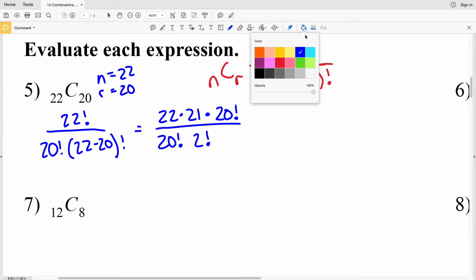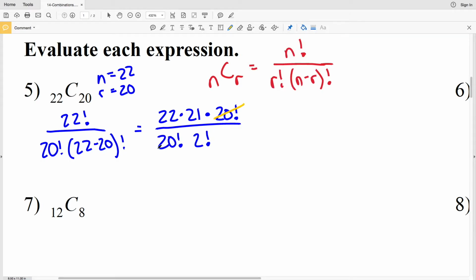And like I said, I'm canceling out those 20 factorials, so I'm left with 22 times 21 all over 2 factorial, which is 2. 22 times 21 is 462, and when you divide that by 2, you get 231. So 231 is my solution in number 5.